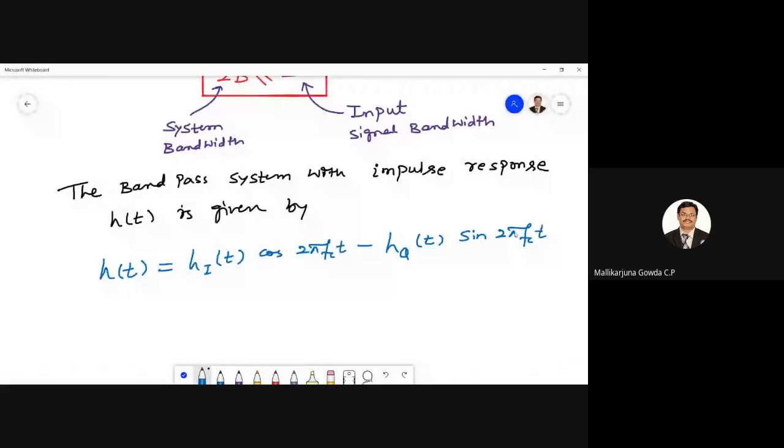So I can express the impulse response of the bandpass system like this: h of t is equal to hi of t cos of 2 pi fct minus hq of t sin of 2 pi fct.